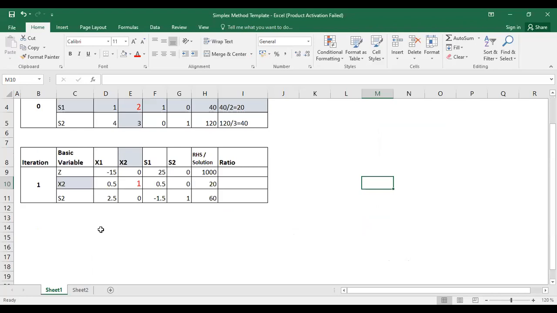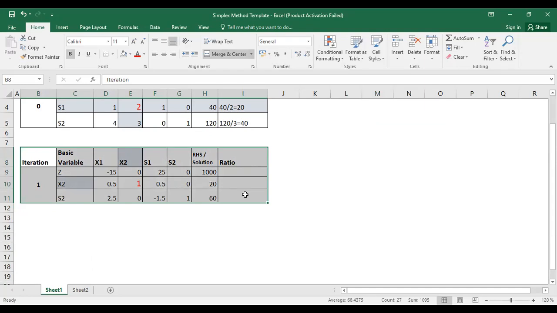So when you come to the Excel, you see that at iteration 1, we are having the X2 value to be 20, which was the same at point A on the graph.